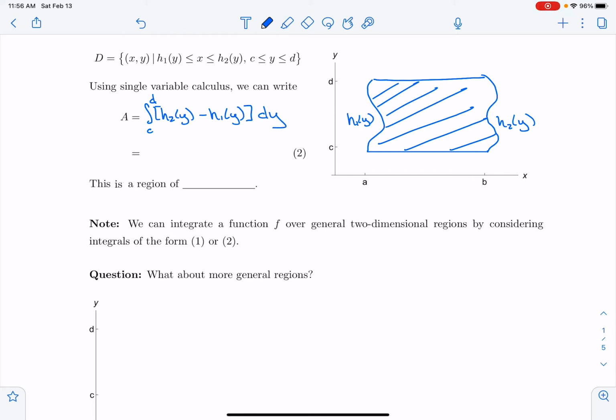And then similarly to what we did before, we can rewrite that difference, h2 of y minus h1 of y, using the fundamental theorem of calculus as an integral from h1 of y to h2 of y of just dx.